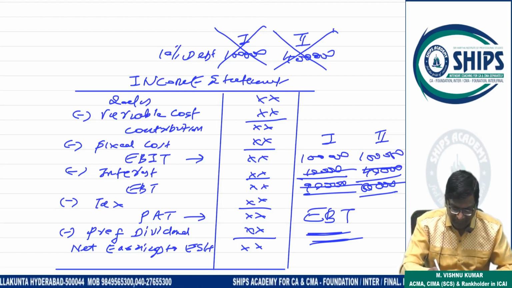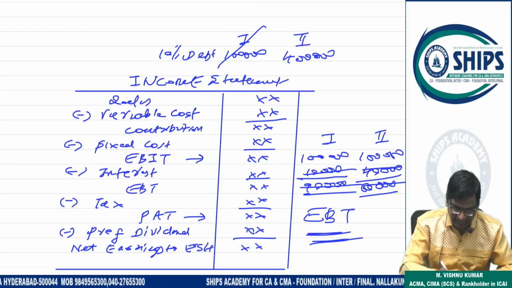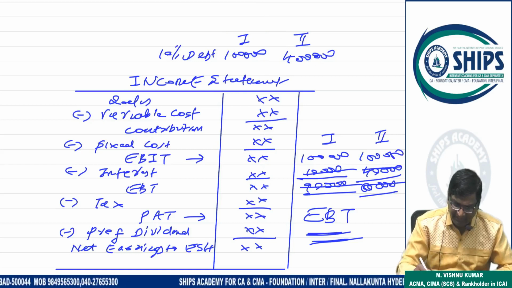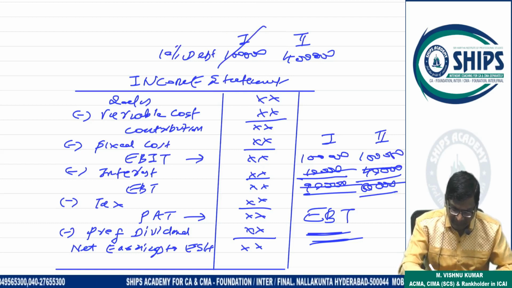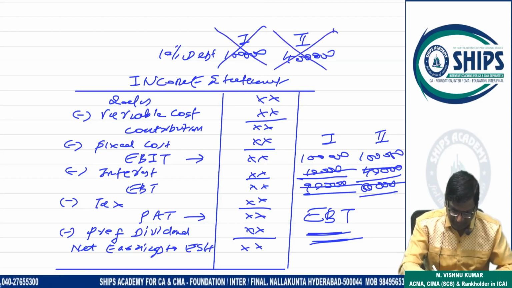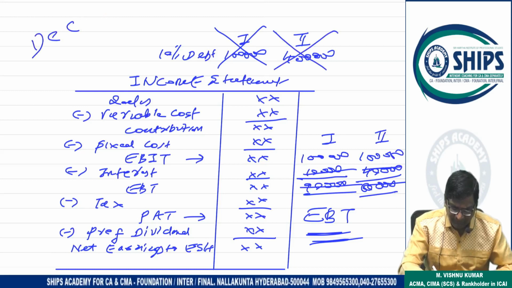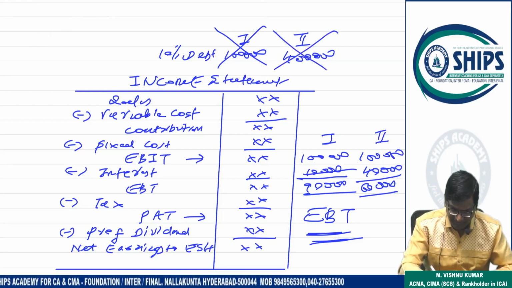So business risk and operating risk will increase or decrease when operating cost increases or decreases. And operating cost increase or decrease depends on what? Capital budgeting decision or investment decision.